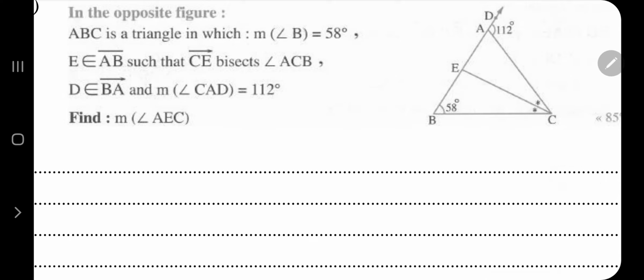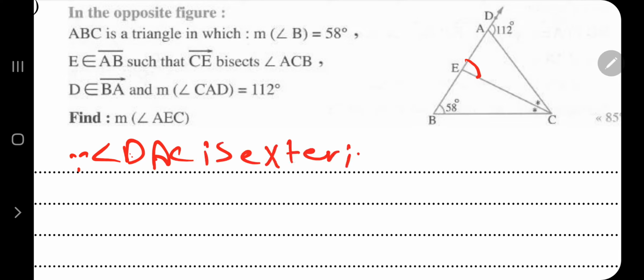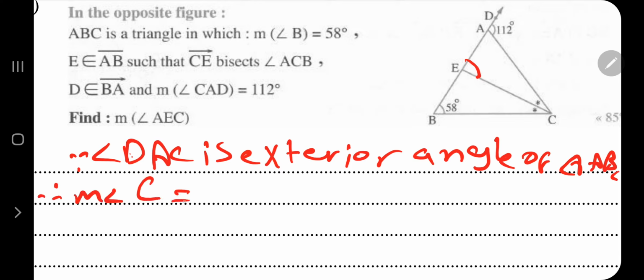I need to find the measure of angle AEC. At first, since angle DAC is an exterior angle of triangle ABC, that means the measure of angle C equals 112 minus 58, which is equal to 54.